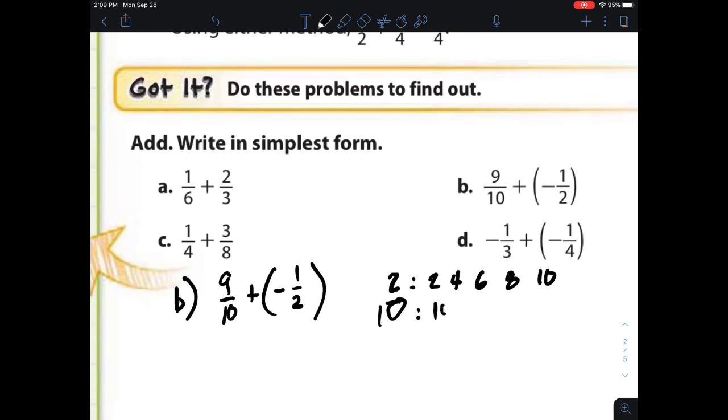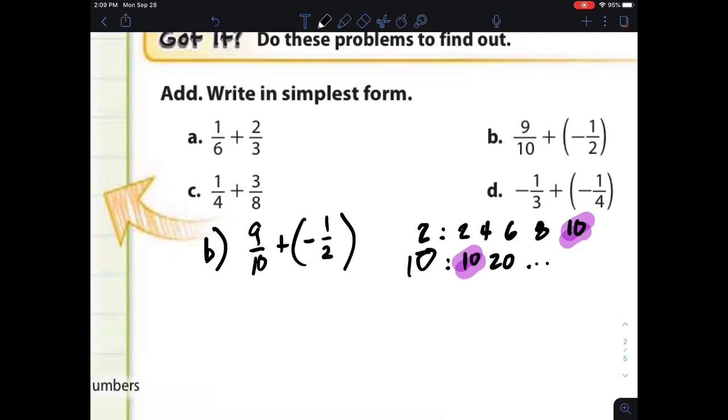Multiples of 10 are 10, 20, and so on and so forth. I stop there because I already know what the LCD is, which is 10. So I put my LCD there, which is 10.